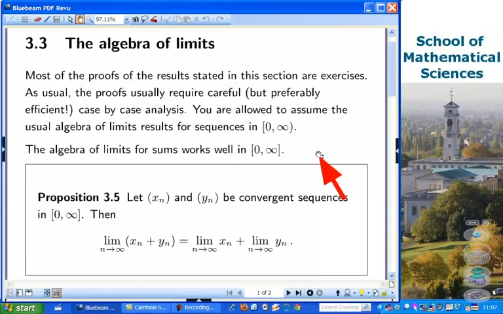But if either of these sequences tends to plus infinity, then xn plus yn will be at least as big as xn and at least as big as yn. So if one of those two sequences goes off to infinity, then the sum has to as well, and you get it directly from the sandwich theorem.